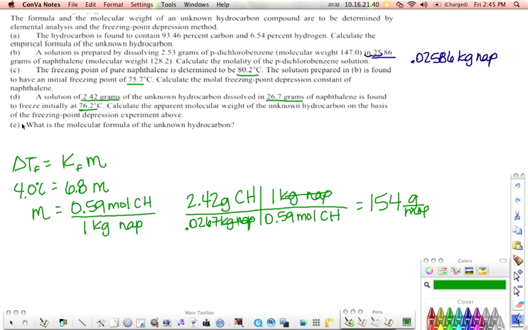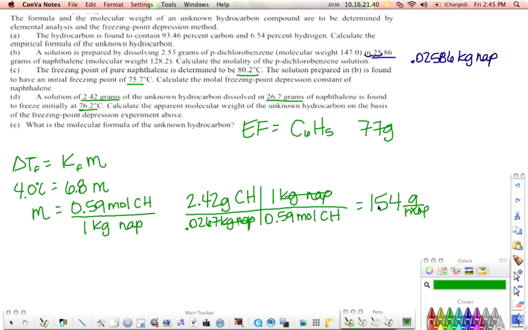And then the last question says, what's the molecular formula of our unknown hydrocarbon? Well, way back up here in part A, we figured out that the hydrocarbon has an empirical formula of C6H5, which would have a mass of 72 plus 5 is 77 grams.